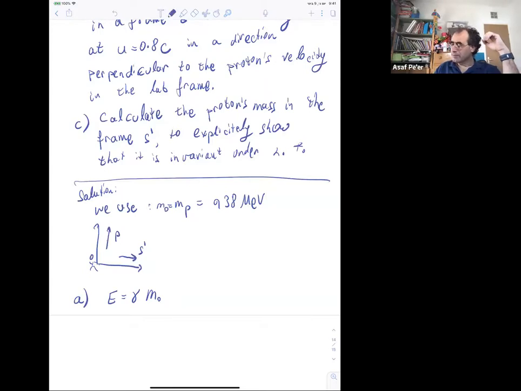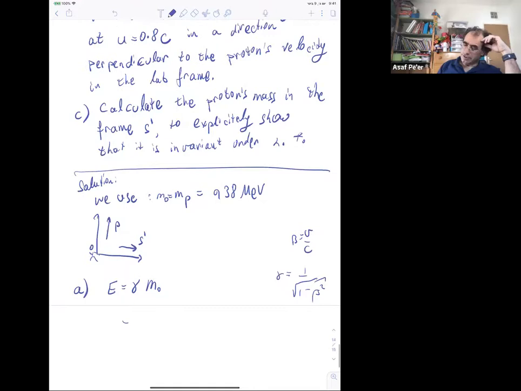Beta is v over c, so it's dimensionless. And gamma is 1 over the square root of 1 minus beta squared, so it's also dimensionless. So E is just gamma times m0, which is 938 MeV divided by the square root of 1 minus 0.758 squared.